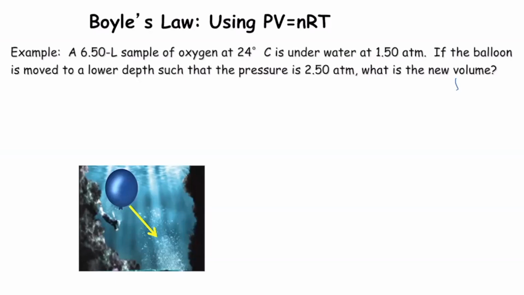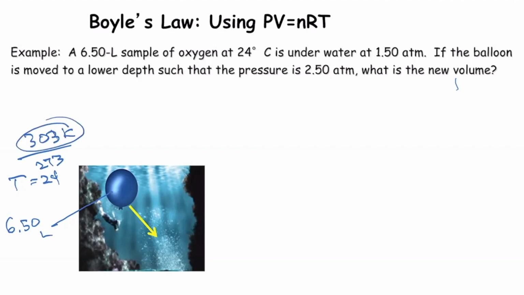So the volume here is 6.50 liters, and the temperature is 24. Add 273 to that, so you get a temperature of 303 Kelvin. Always change your temperature to Kelvin. And then the pressure here is 1.5 atmosphere.